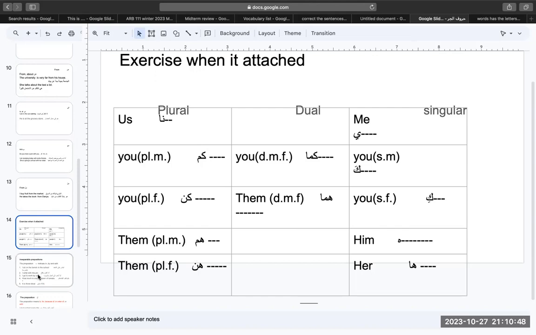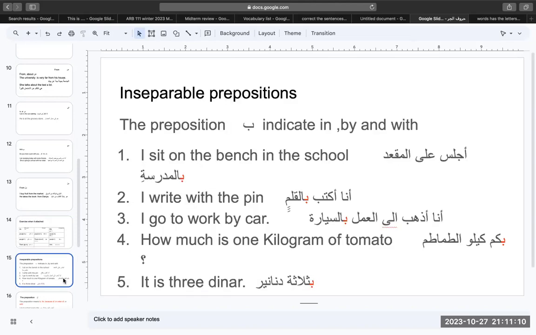And if you don't use the lam, you use ba, it's going to be in me, in you: biya, bika, biki, bihi, biha, bikuma, bihuma, bina, bikum, bikunna, bihum, bihin. Okay, Shabab?